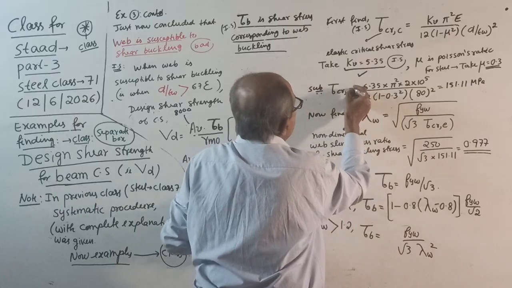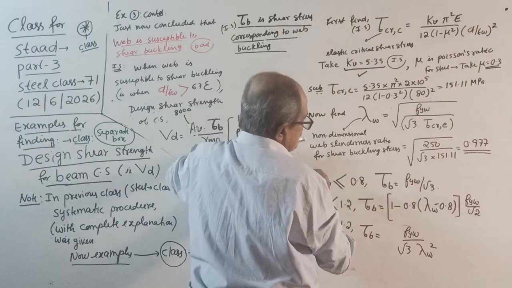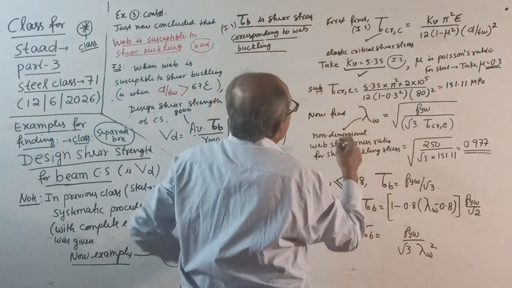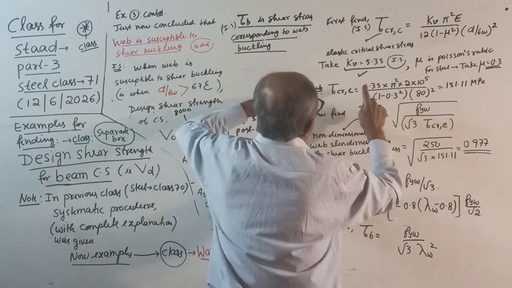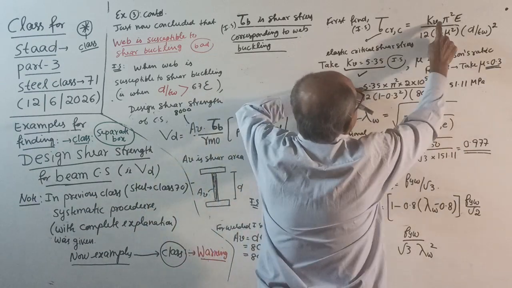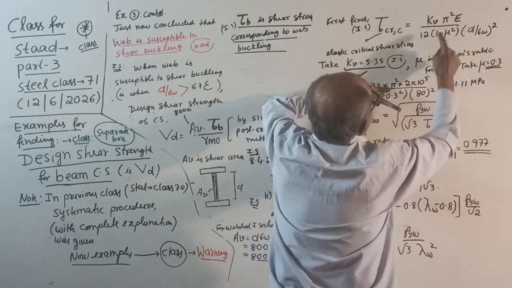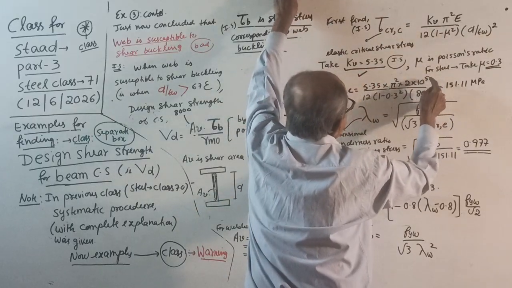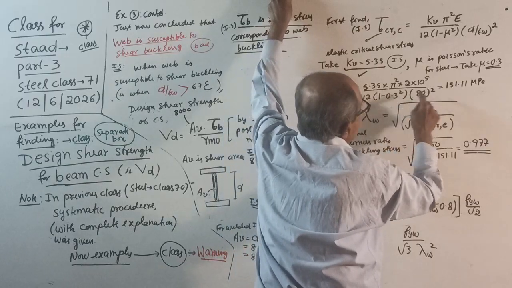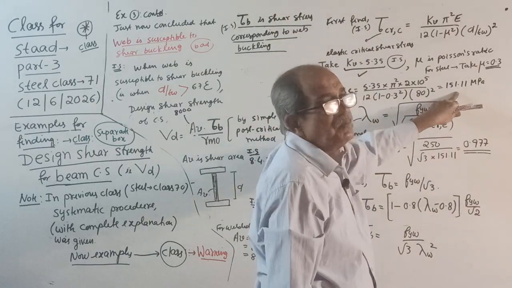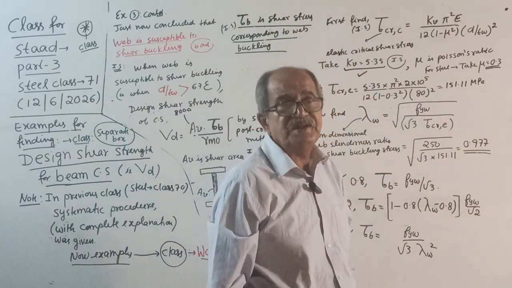Okay. Tau CRC equal to 5.35 into pi square into 2 into 10 to the power 5 by 12 into 1 minus 0.3 square into 80 square, which is 151.11 MPa, a stress unit.